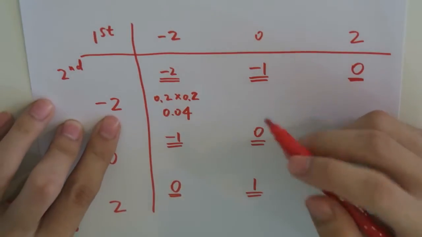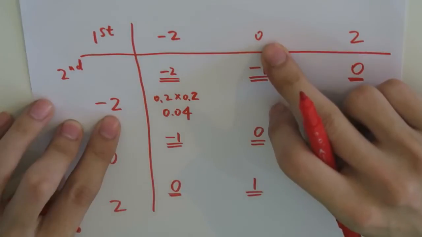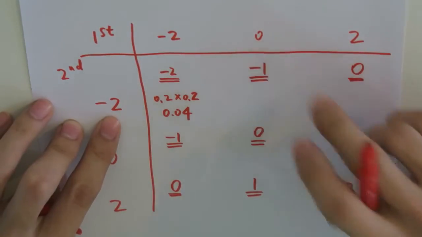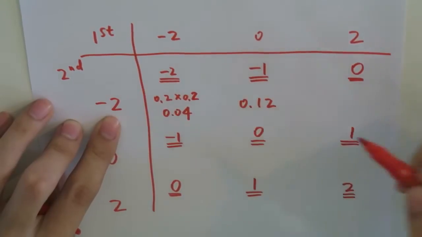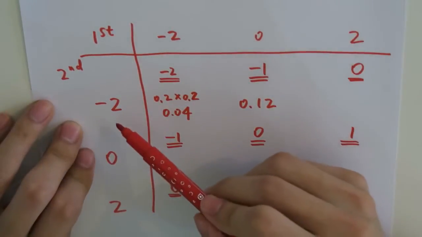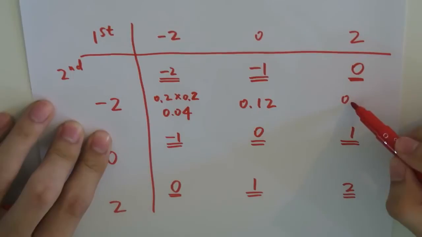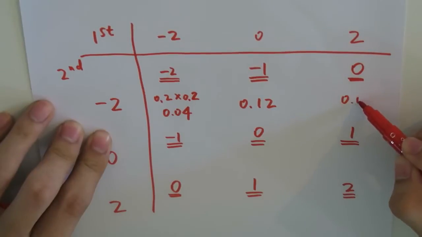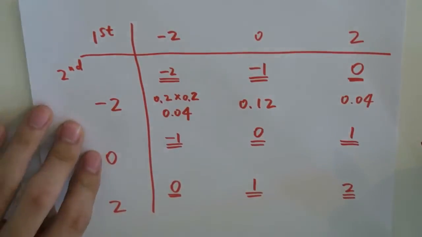So for this one, 0 and -2, we'll get the probability of 0.12. 2 and -2, we'll get 0.04.